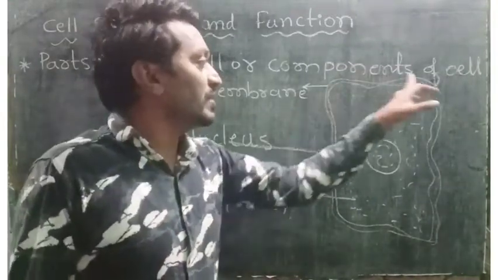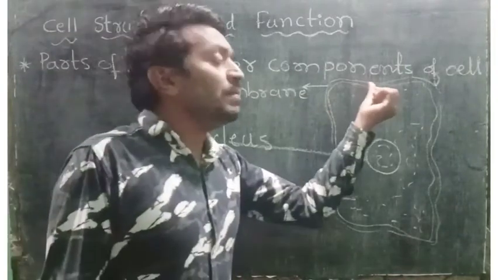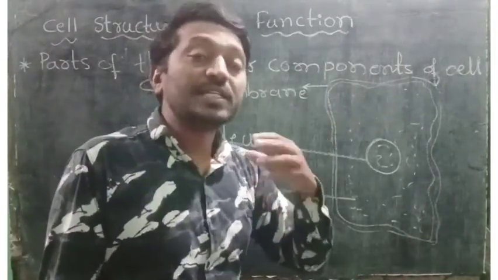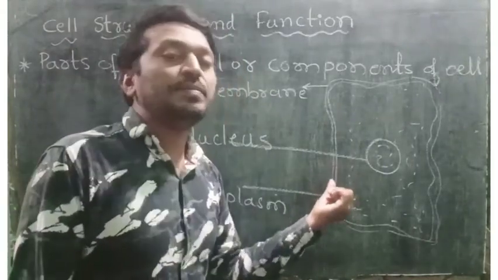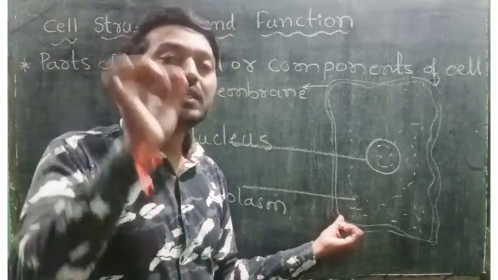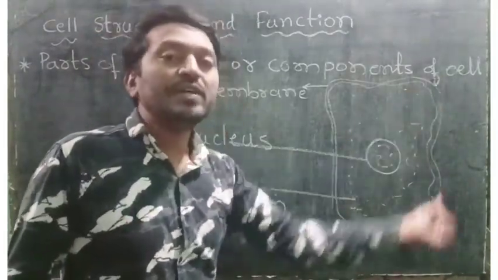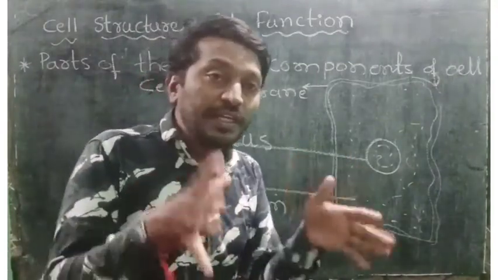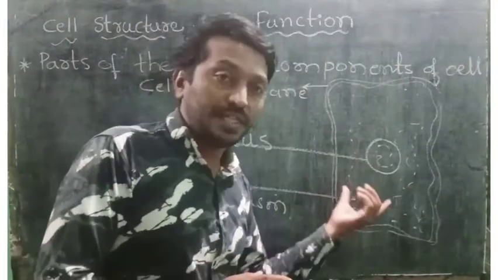This cell membrane is very thick as well as porous. Porous means the cell membrane has some minute or tiny holes in its body. So it gives the definite structure and shape to the cell.